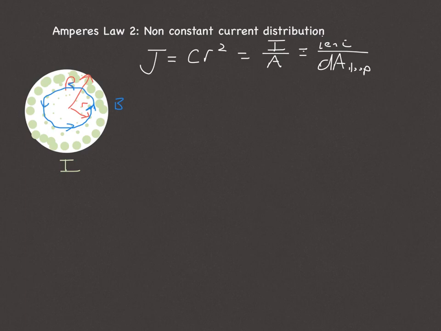We're going to pick our Amperian loop, and it's going to go along the field in the same direction, but let's make that solid. This Amperian loop has got to be a slice. And we're just going to look at the amount of current that's going through that little slice.